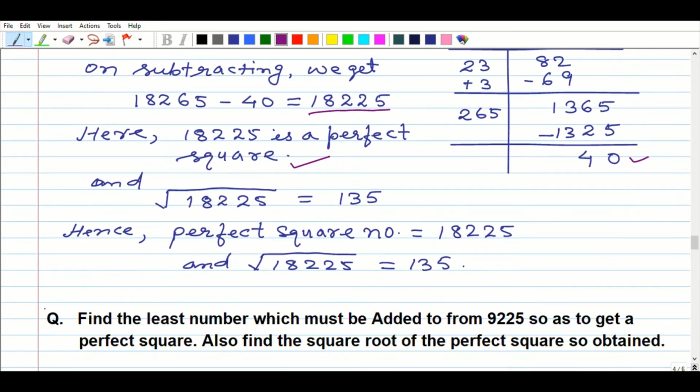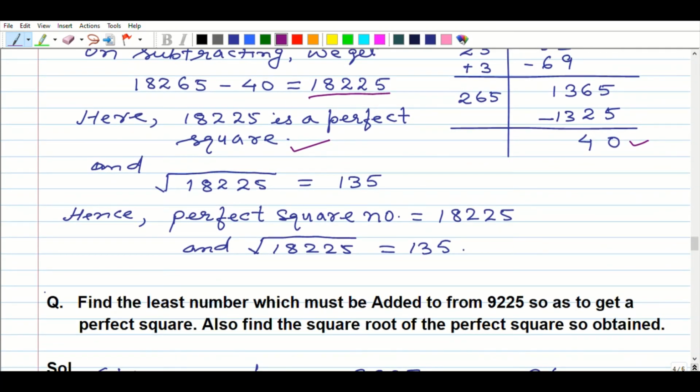Find the least number which must be added to 9225 so as to get a perfect square.